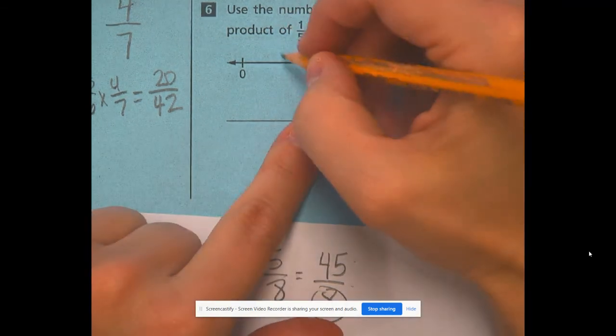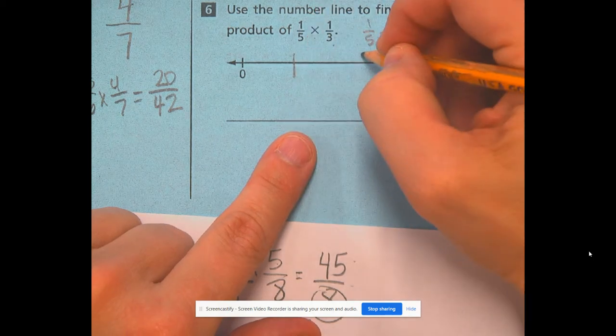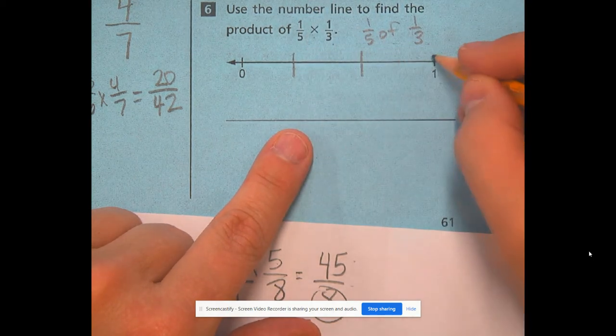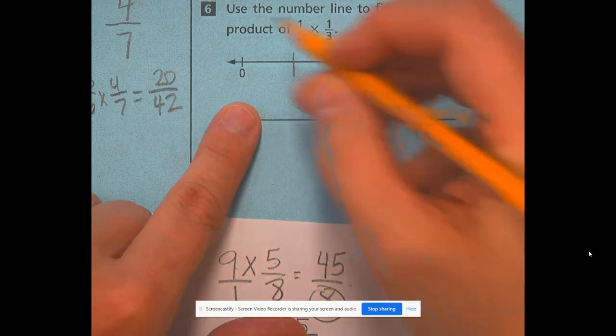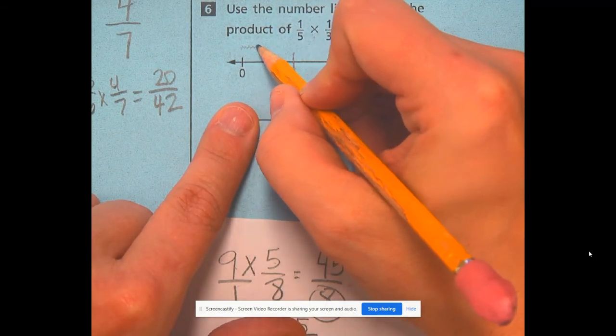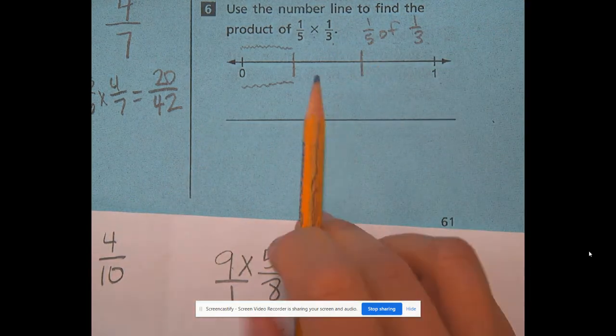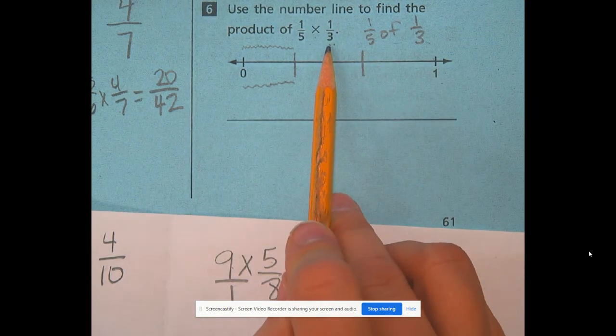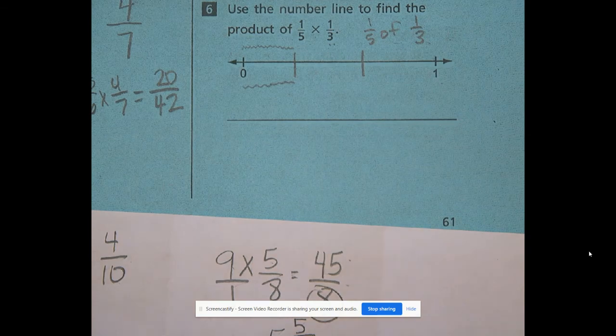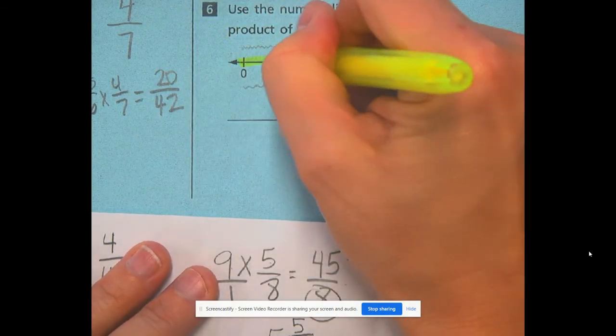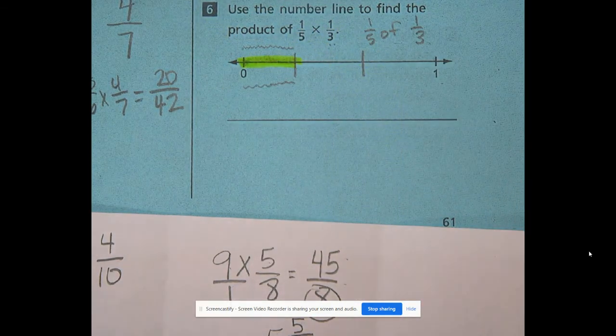Okay, so 1/3, 2/3, 3/3. So we're looking at this portion, right? Because it's 1/5 of 1/3. So here's our 1/3 that we're looking at.